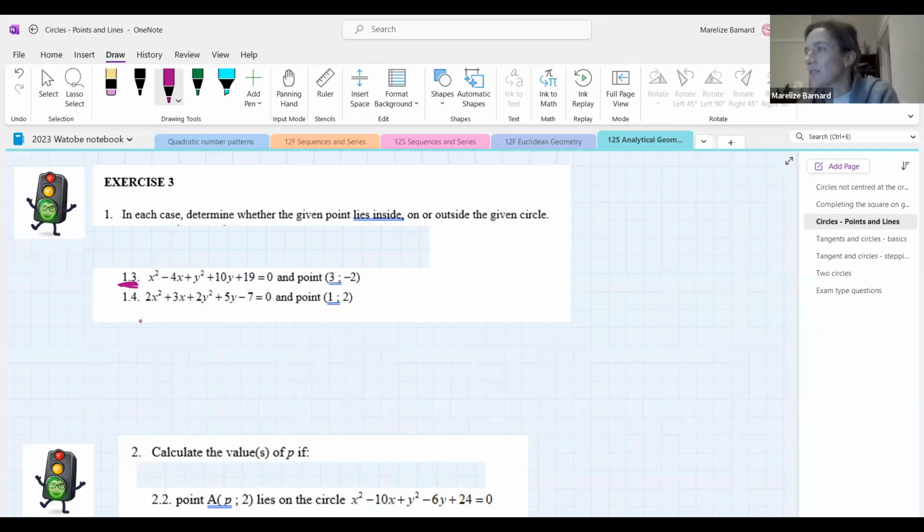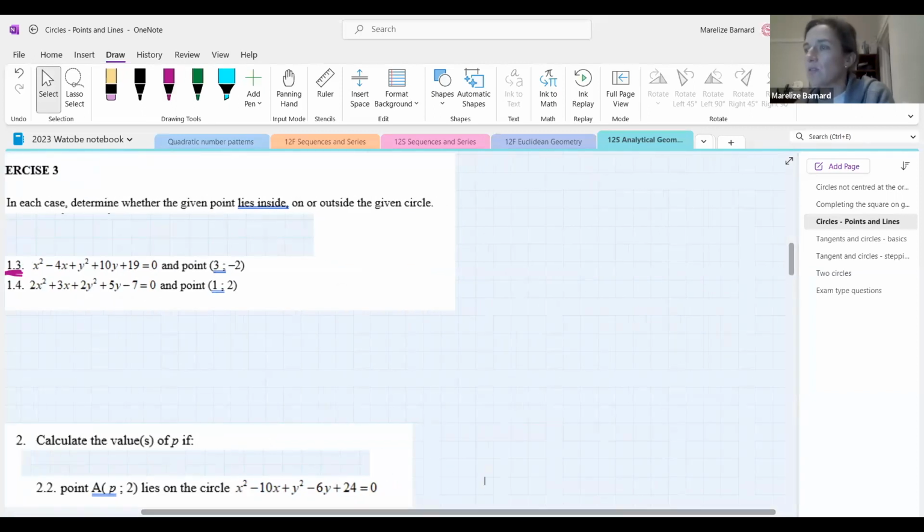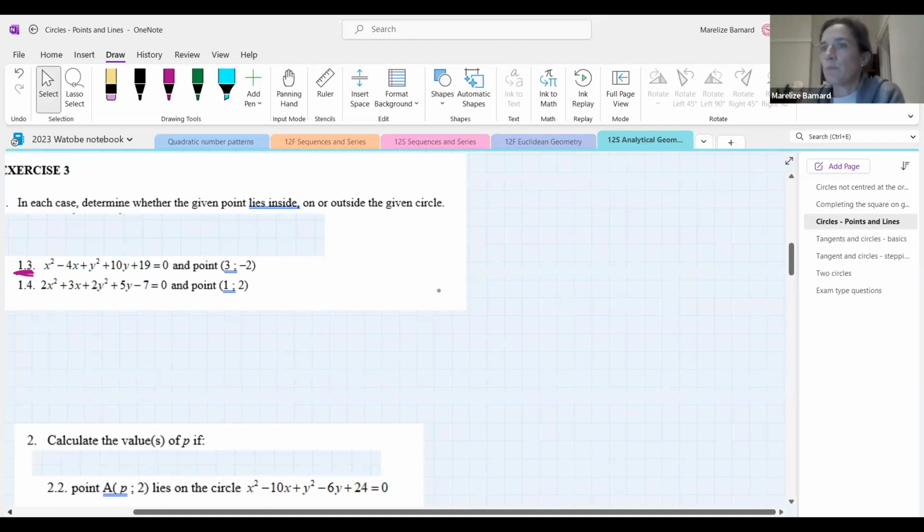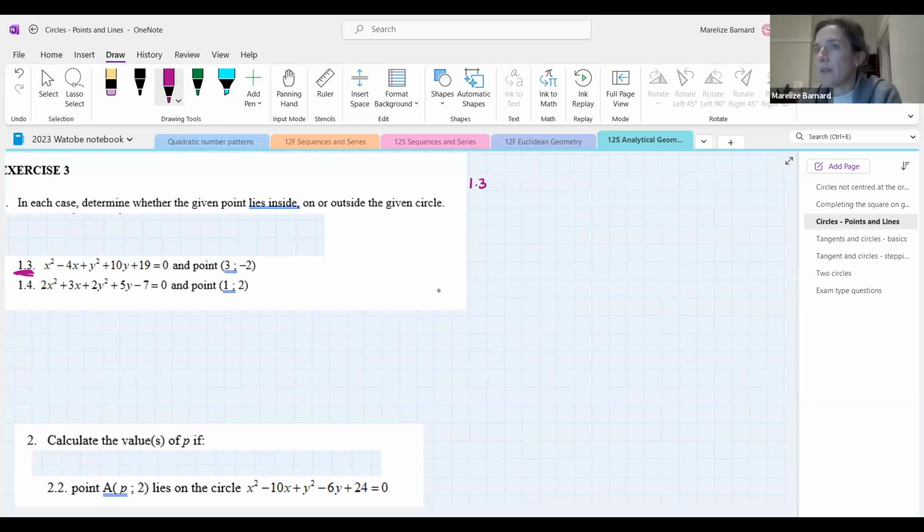Yes, good, Zedalia, very good. So we are going to have to complete the square first, because we can't see what the center of the circle is because it's not in center radius form. So we need to make it look like that by a little bit of algebraic manipulation. Okay, so I want you to try it, practice what you learned last week, and then as soon as you have an answer for your circle, put it in the chat.